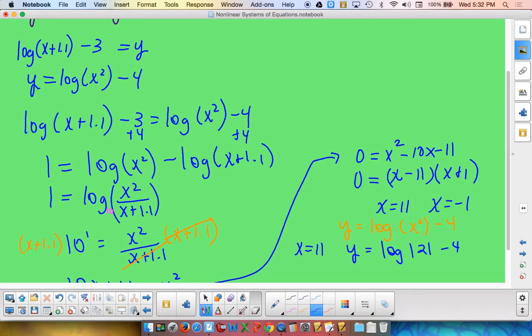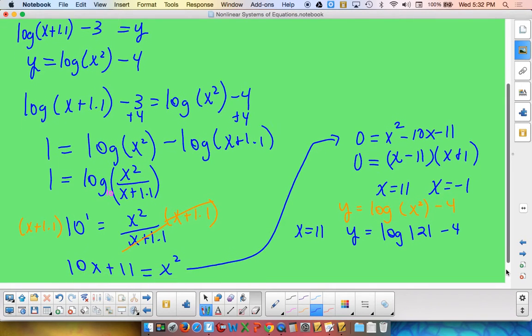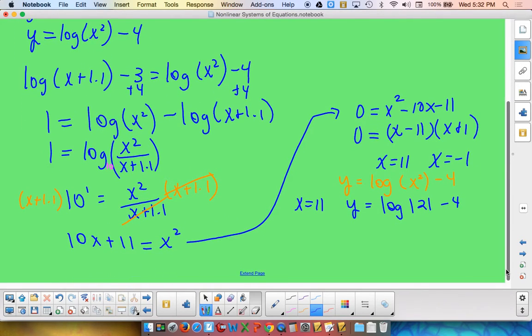Well, I thought perhaps maybe that would come down to something decent. But that's a base 10 log. 121 is 11 squared. So there's really nothing I can do with that unless I choose to turn it to a decimal, which I don't believe the book did.